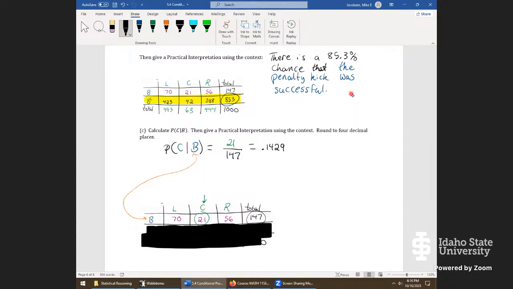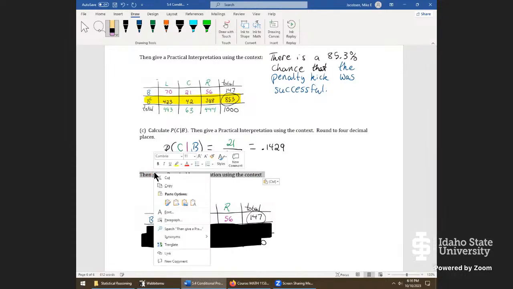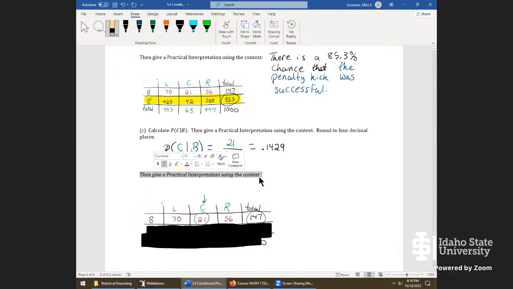All that's left to do then is give that practical interpretation. So for that, let me redo this here. So these ones, again, they're a little bit tricky because our interpretation has to capture the fact it was a conditional probability.